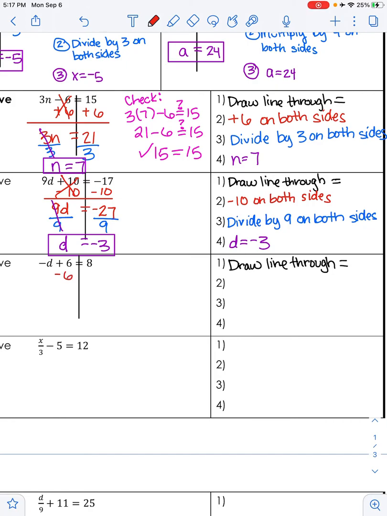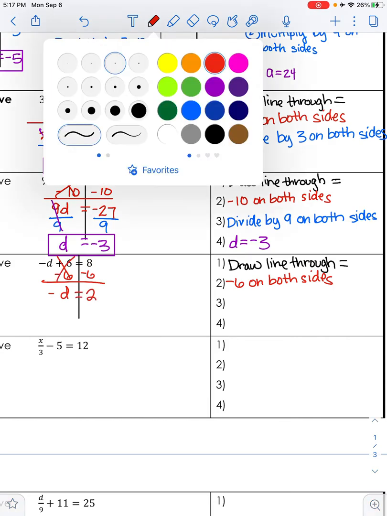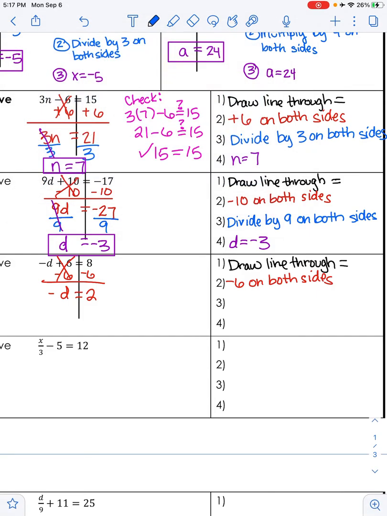My constant is 6, so I'm going to subtract 6 from both sides, so minus 6 minus 6. So when I do that, I'm left with negative d, the 6's cancel out, equals 2.